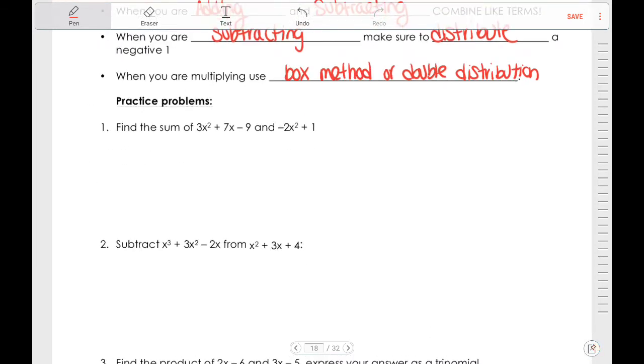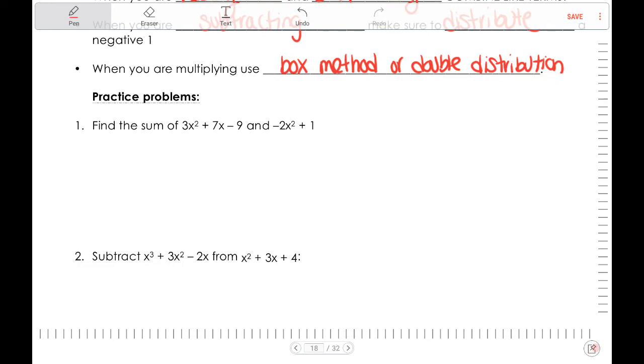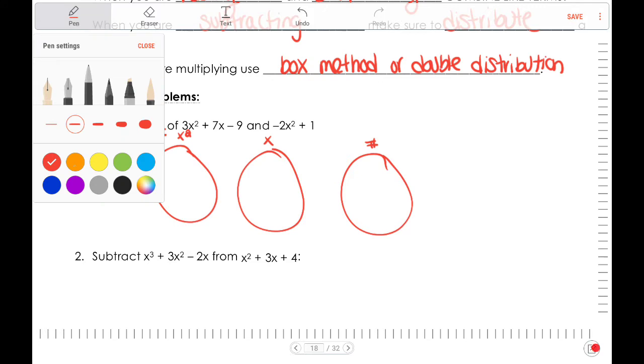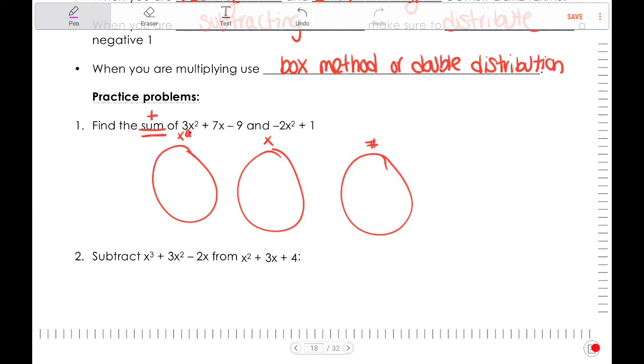Okay, so when it says to find the sum, that means we are adding. I'm going to set up my like term bubbles. And remember, these go by exponent, so x squared, x, and just the number that's by itself. I am going to put in my first terms.